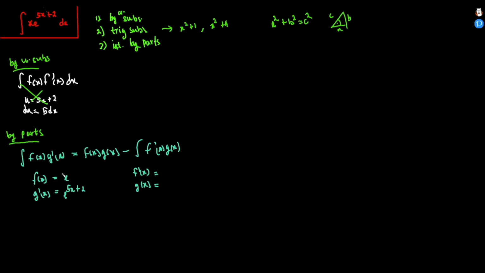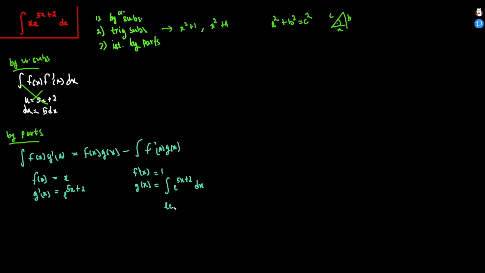Differentiating f is pretty straightforward, and on the plus side, this becomes a constant, which makes this whole thing much simpler. So f prime of x is just 1. And the integral of this is not that difficult either. So g of x is the integral of e to the 5x plus 2 dx, and we can simply do this by using u substitution.